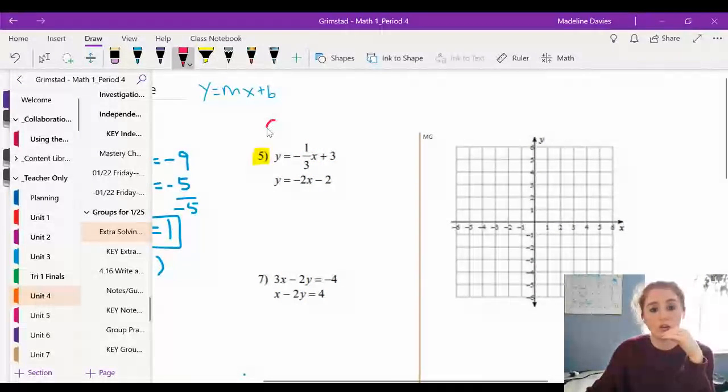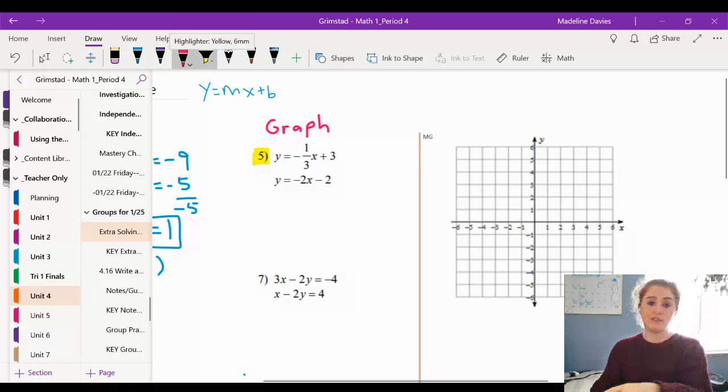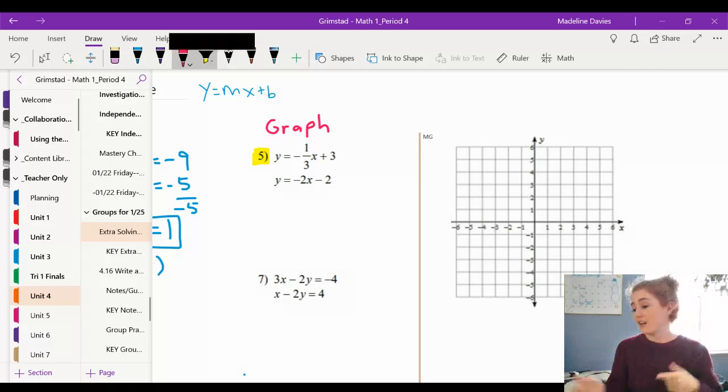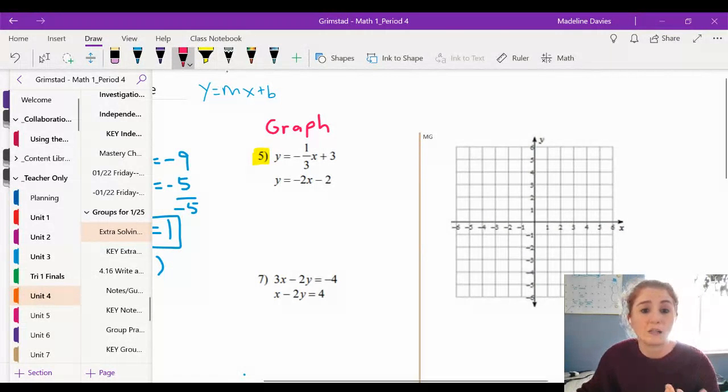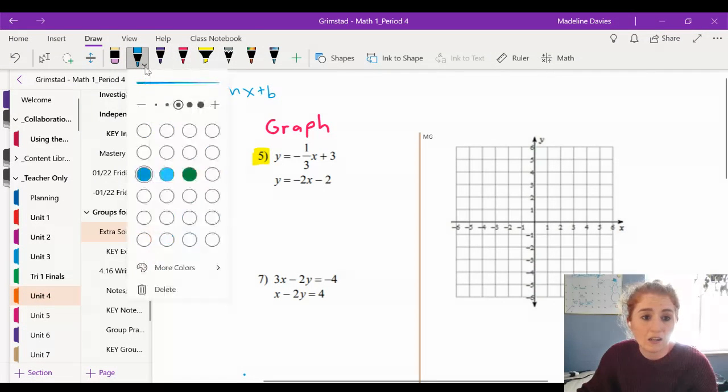So I'll just write graph on top of here because that's just going to be a lot easier for me. And if you're going through a problem and you chose substitution and you're getting some wonky answers, try graphing it. Try and see if that helps or works out a little bit better. And sometimes it does. In this case, it did.